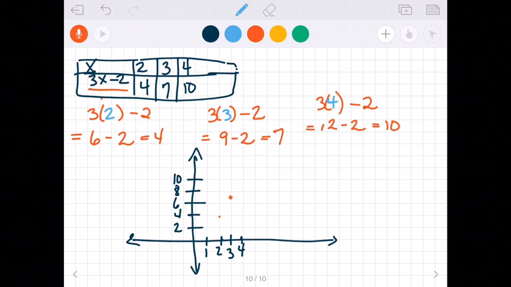When X is 4, Y is 10. Okay. This is what we call a linear function because it makes a line. Once again, I'm using my phone as a straight edge. A ruler would work better. Okay, that's how we graph that.